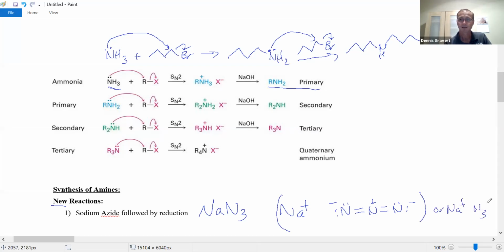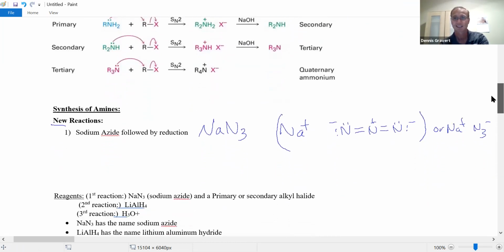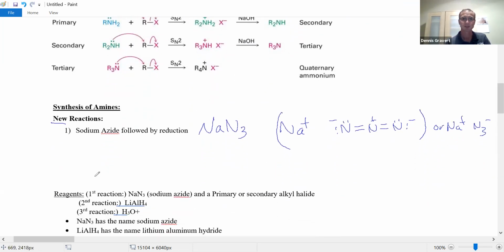Yeah, the azide ion is N3 minus. Okay, and it turns out only one of these nitrogens is nucleophilic, and after it adds, it doesn't add again in an SN2 reaction. So step one is go grab your alkyl halide and add sodium azide.